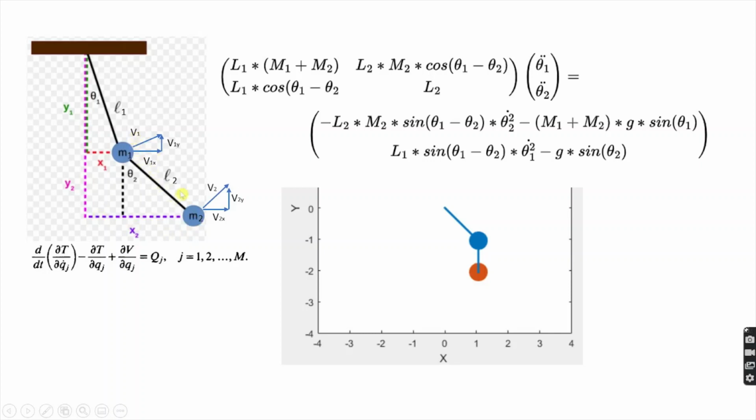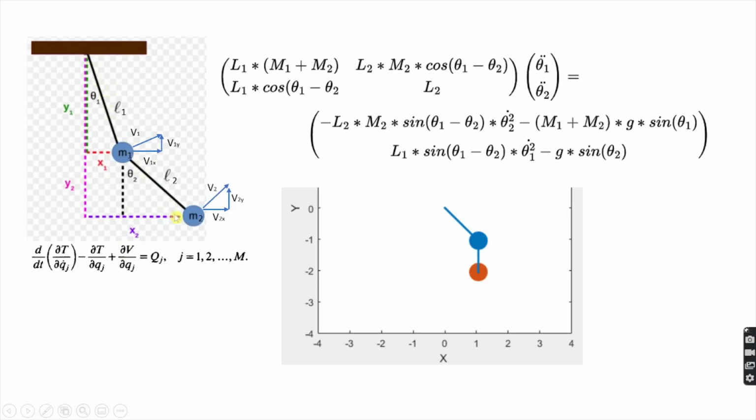The velocities of each mass are always in the tangential direction, and these are the vectorial components of each velocity. So the kinetic energy is simply 1/2 mv squared, and the potential energy is mass times gravity times height, using this as our datum point.